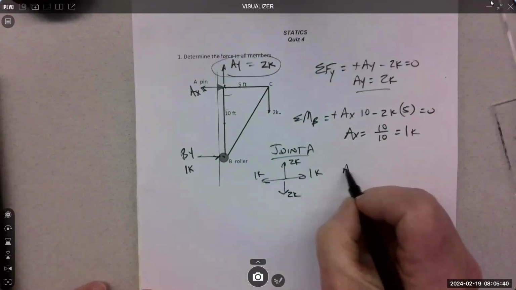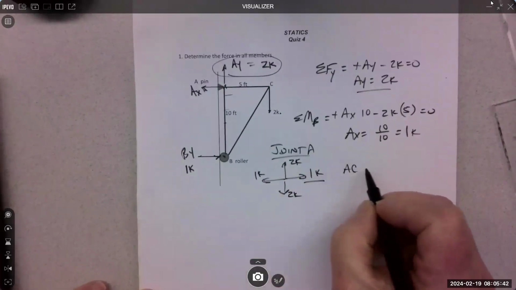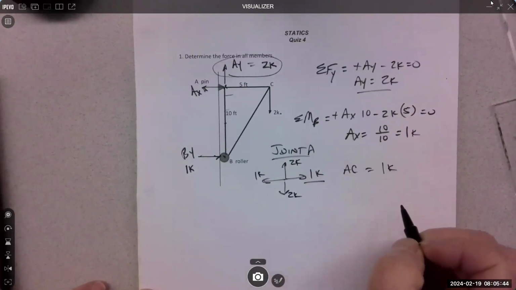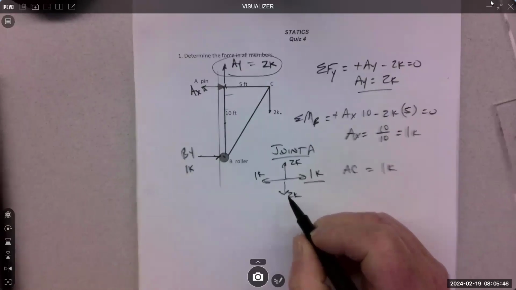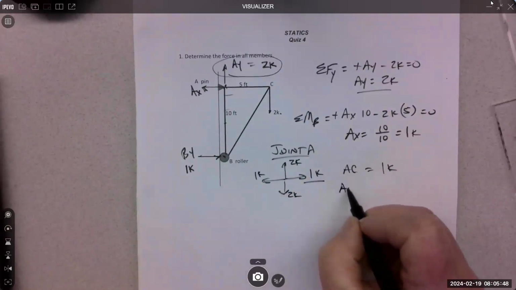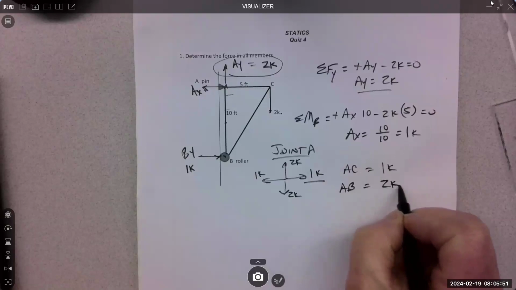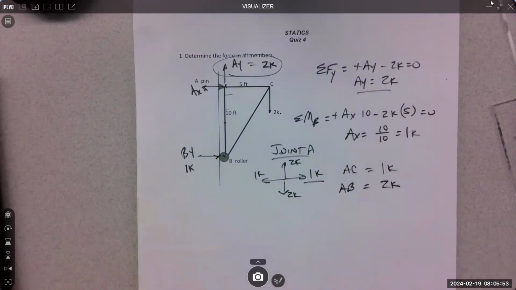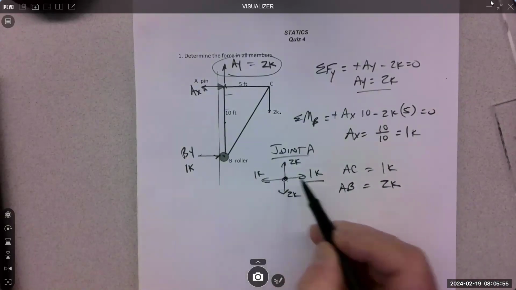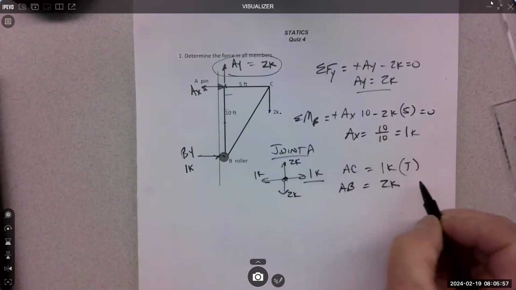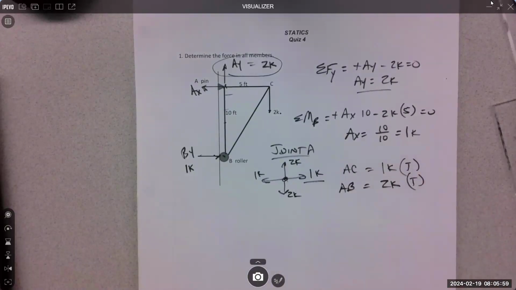So AC is this, and it equals 1K, and AB equals 2K. And they both point away from the connection, so they are in tension. Don't forget to give me that. Some of you forgot to give me that.